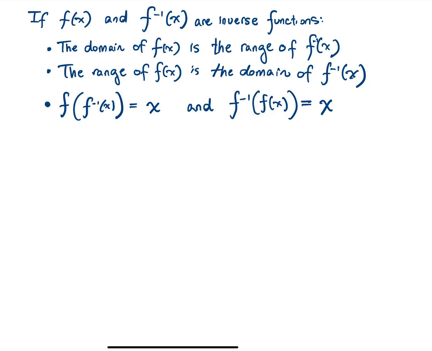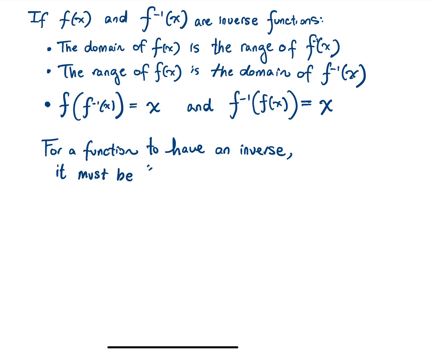If you remember, for a function to have an inverse, for it to be invertible, it needs to be 1-to-1. Meaning that each input is paired with exactly one output.